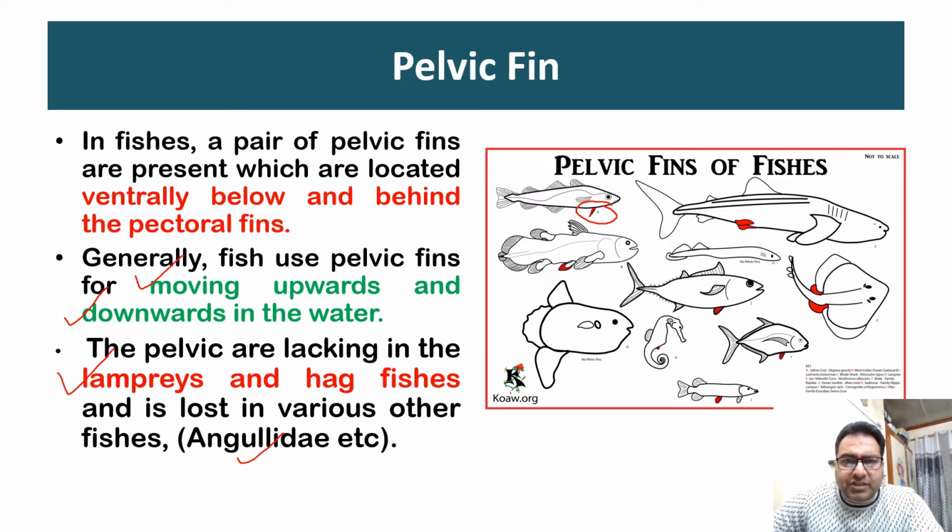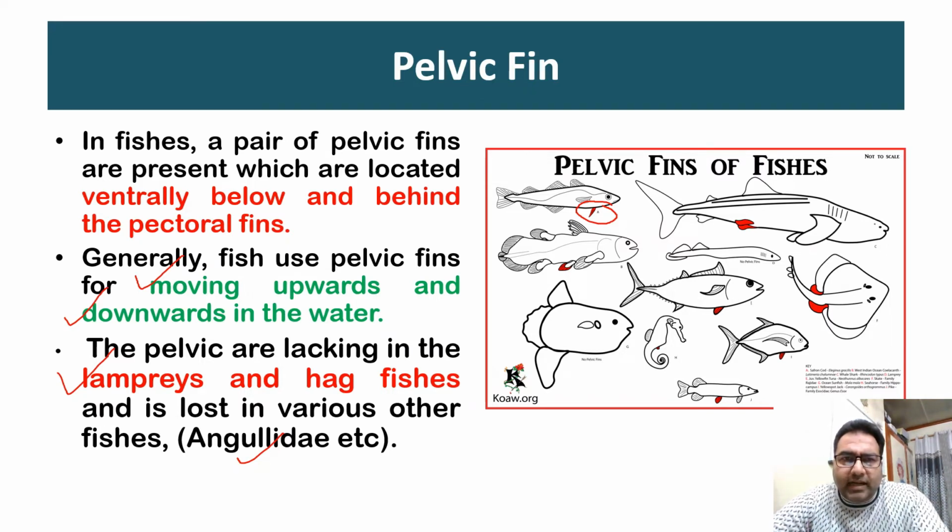In sharks and some relatives, they are modified into claspers, and keep in mind that these claspers are used in reproductive activities as well. They help in the release of the gametes.